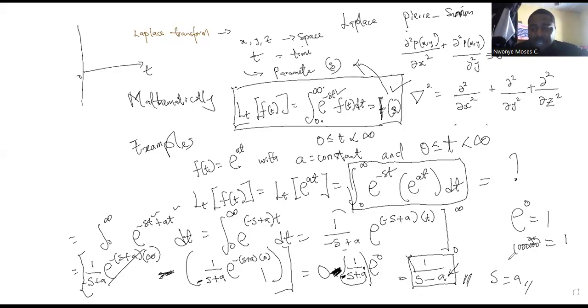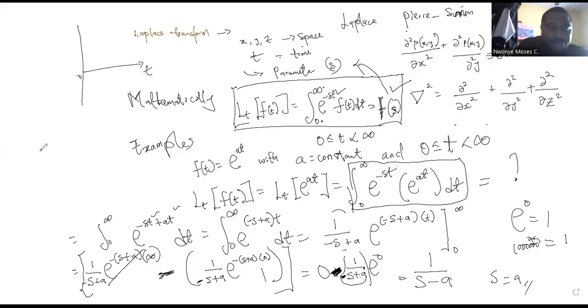So the final answer for this particular expression is very simple. So the answer here is just 1 over S minus A. How do we come about that? Let me go over it one more time. What you're supposed to do is to integrate.